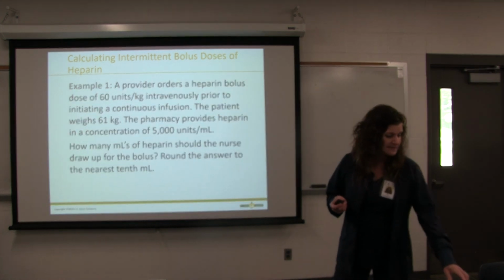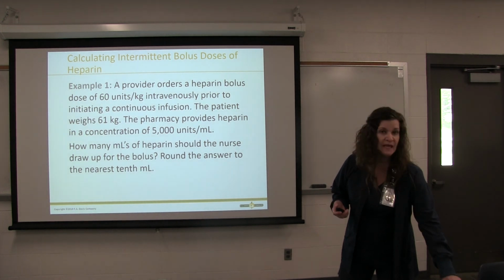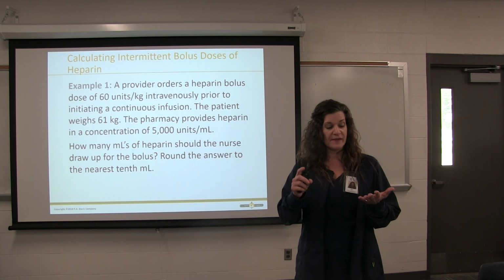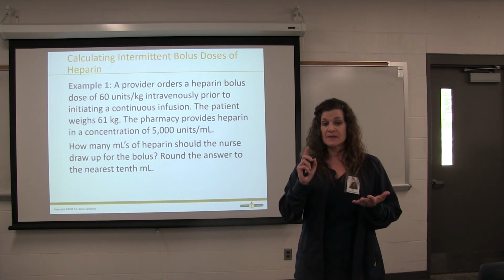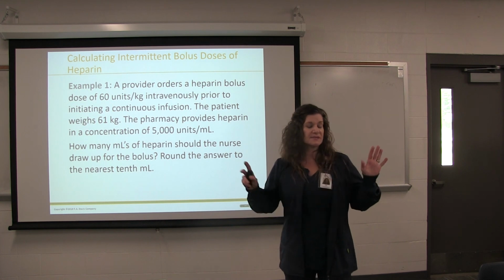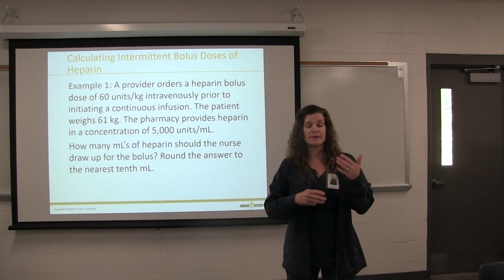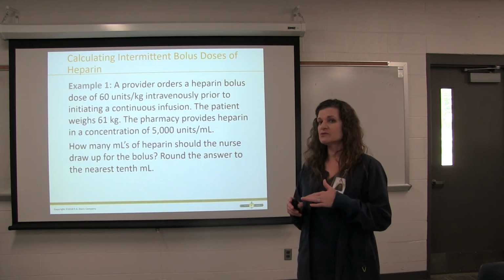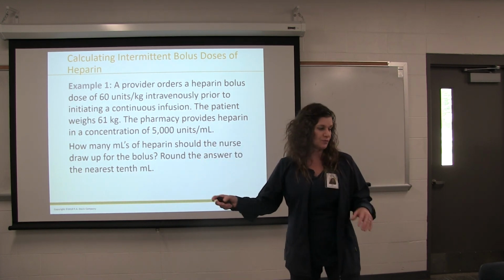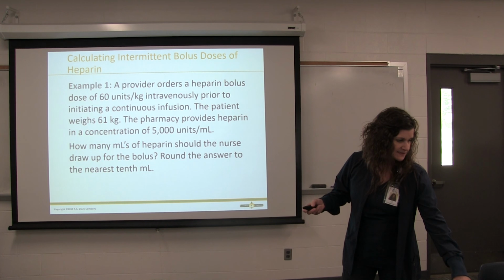We're going to round this answer to a tenth. Be sure to pay attention to whether your directions are asking for tenths or hundredths. I know some of these slides even were pre-made before me, and some of them don't always round to the exact amount, but it's very important for you to pay attention to what they're asking when they ask that.